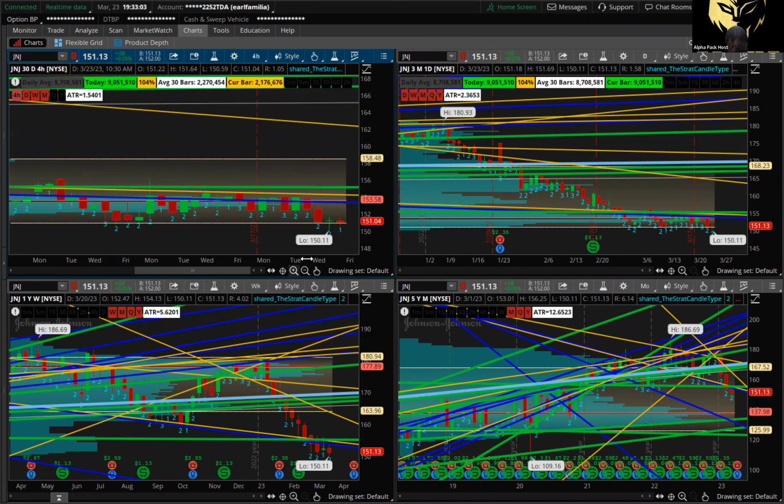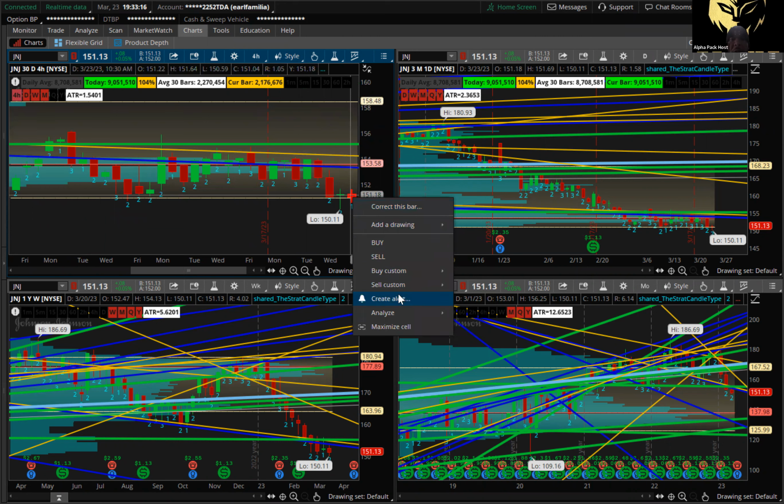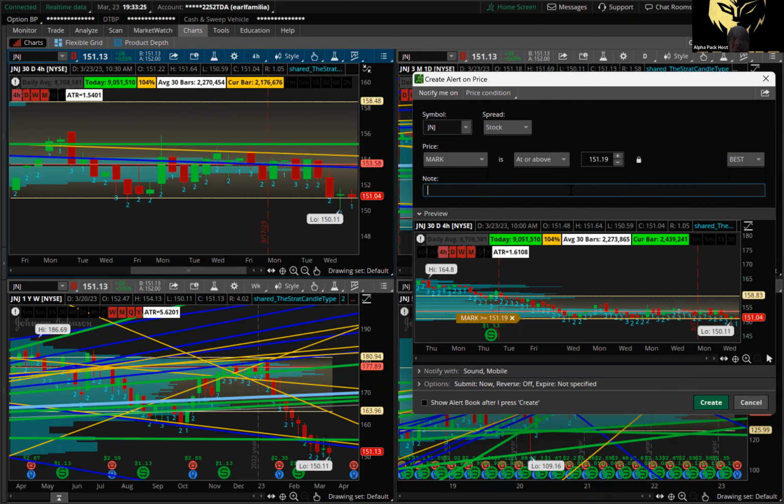I would just be looking for entry on this 4-hour. It's consolidated there for a minute, but it's not showing no strength.